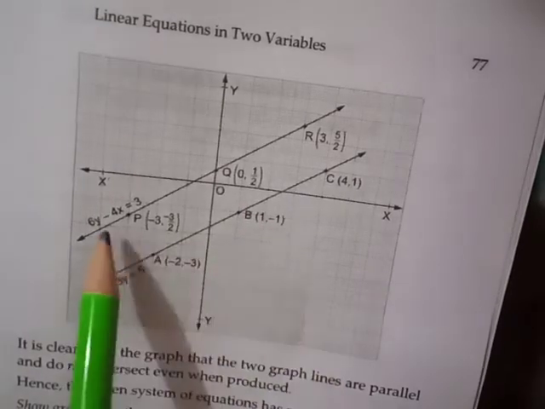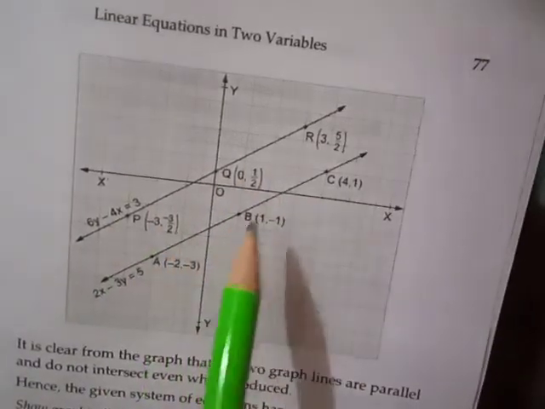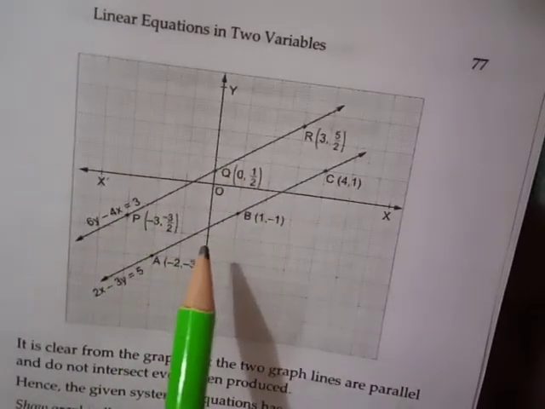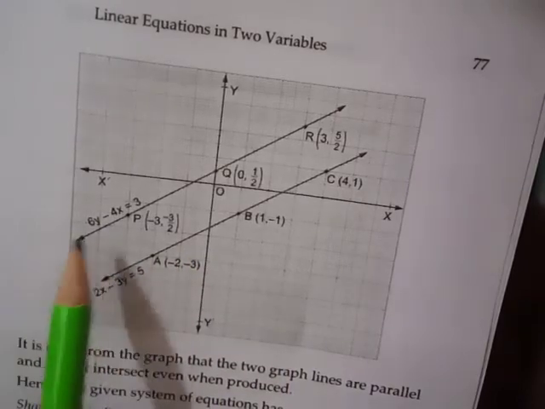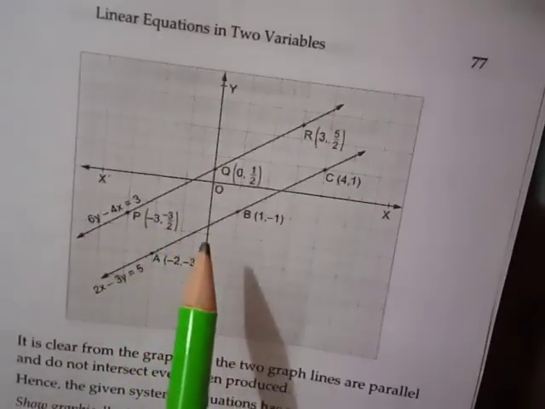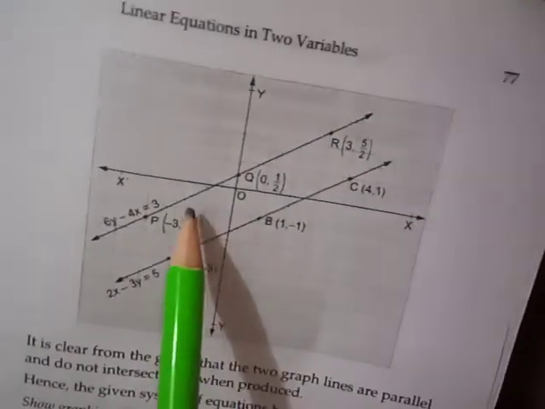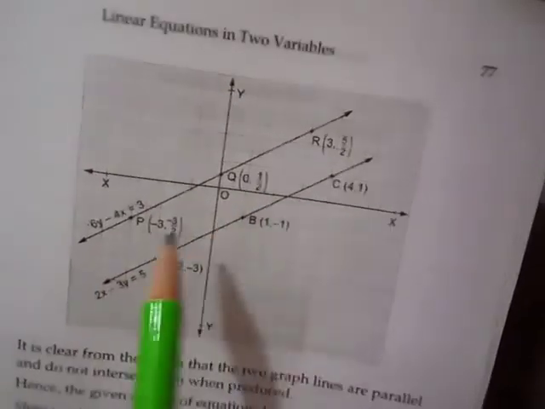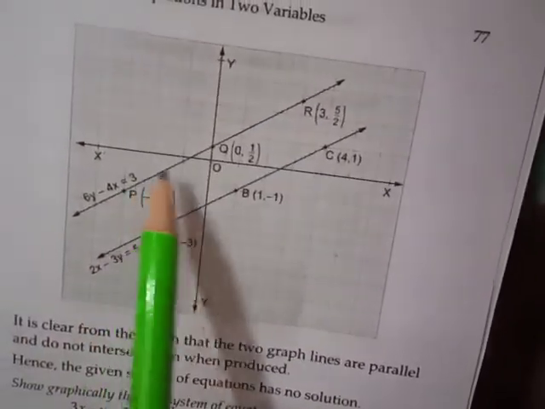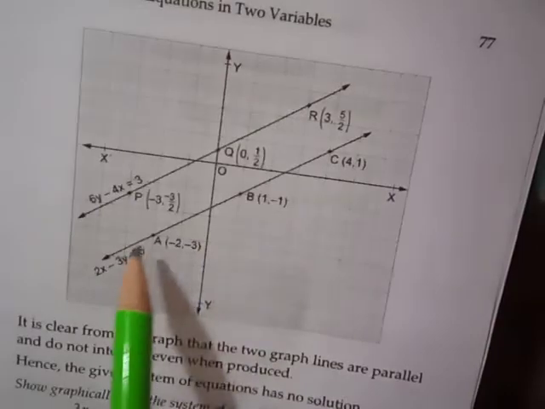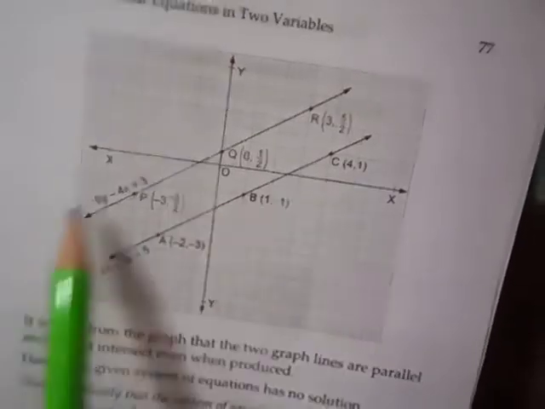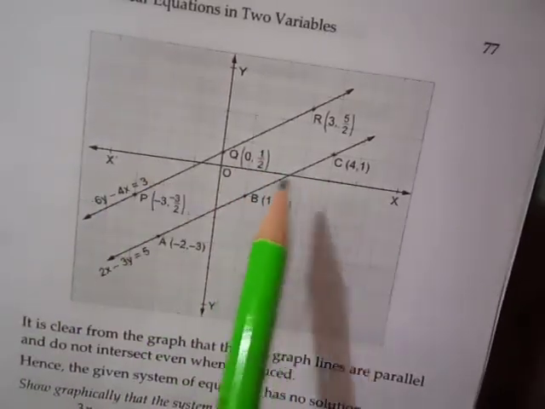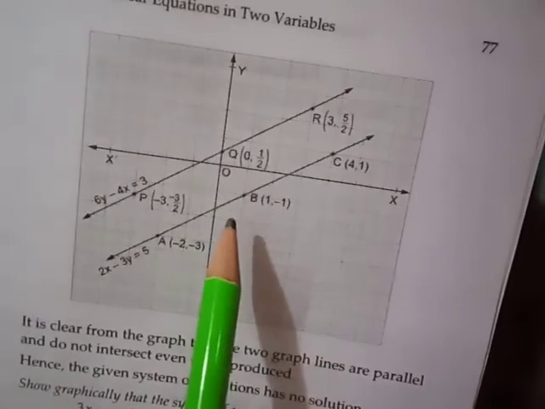Since these are parallel, there will be no solution for the system of equations, and it is an inconsistent system. If there is no solution, it means it is inconsistent. This system is inconsistent and has no solution, because these lines do not intersect and do not overlap each other.